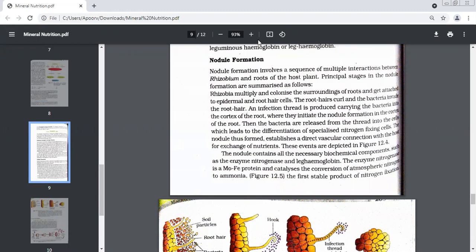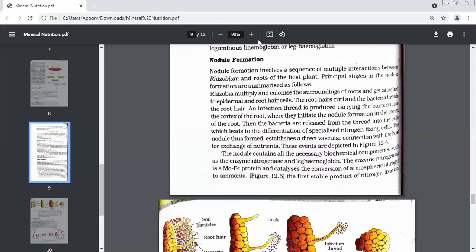What was the other word we had used? Colonize. Around which part of the plant? Root hair. Root hair. What is the second step? The root hairs curled. The bacteria invaded the root hairs.